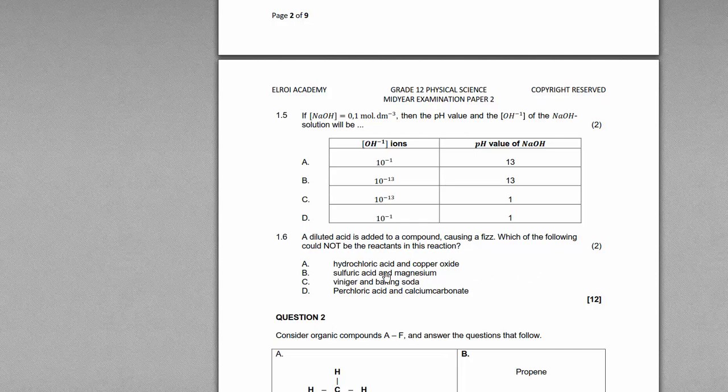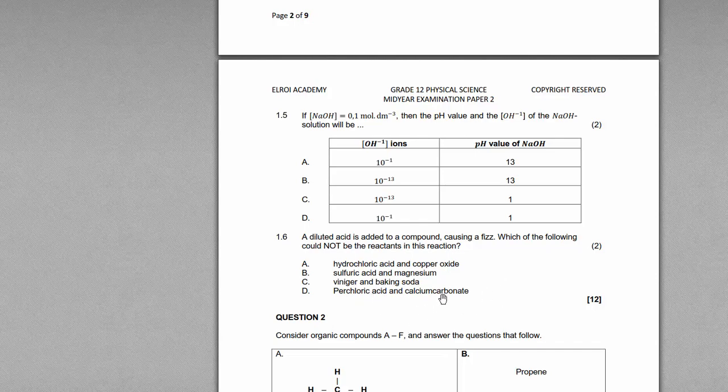So this would cause a fizz. Vinegar and baking soda causes a fizz. You can do the experiment yourself, because baking soda is a base. And one of the products is carbon dioxide. So that's why it causes a fizz.